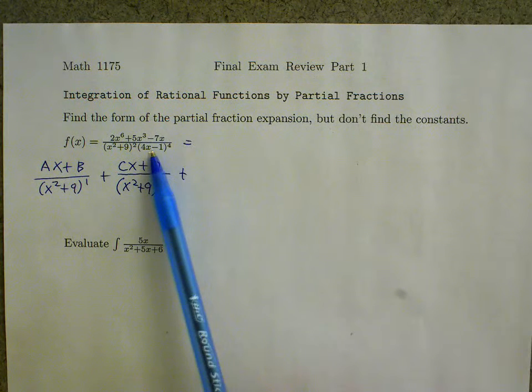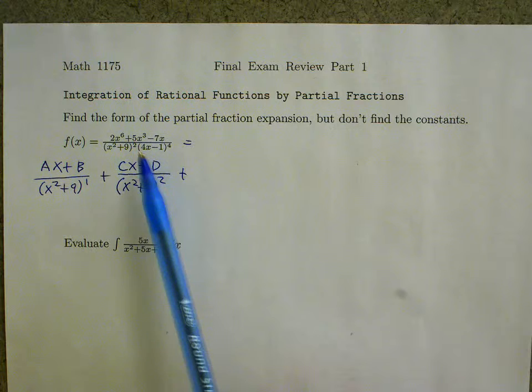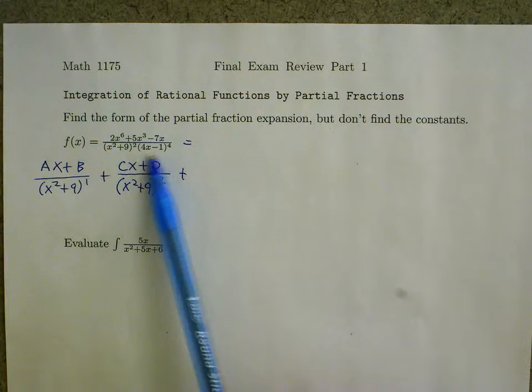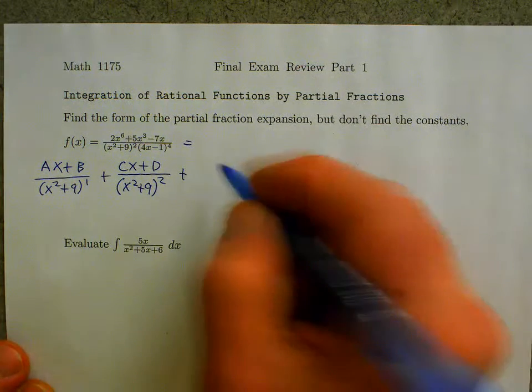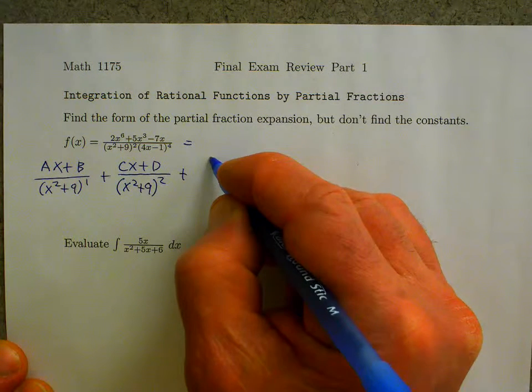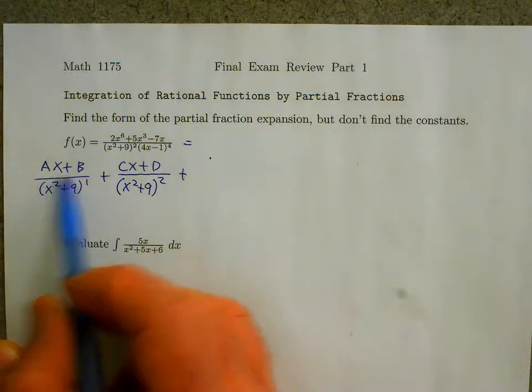Well, what we have left in the denominator is a linear expression raised to the fourth power. 4x minus 1 is linear, so the numerators will just be constants.